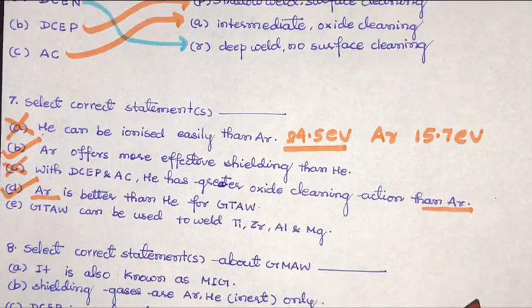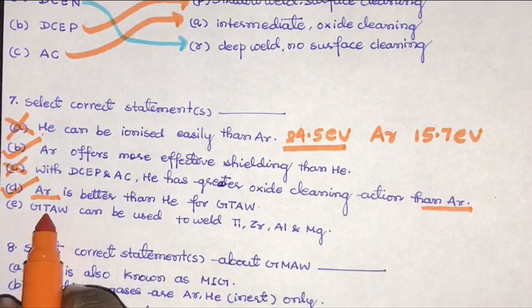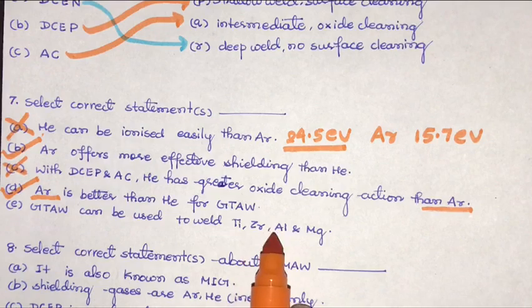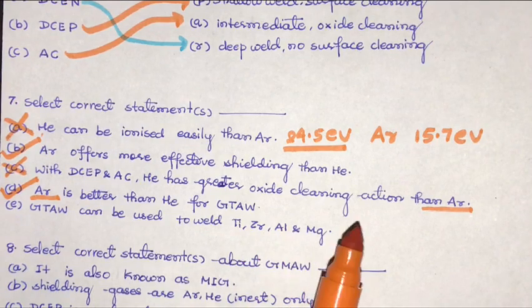Now coming to the next. GTAW, that is gas tungsten arc welding, can be used to weld titanium, zirconium, aluminum and magnesium.